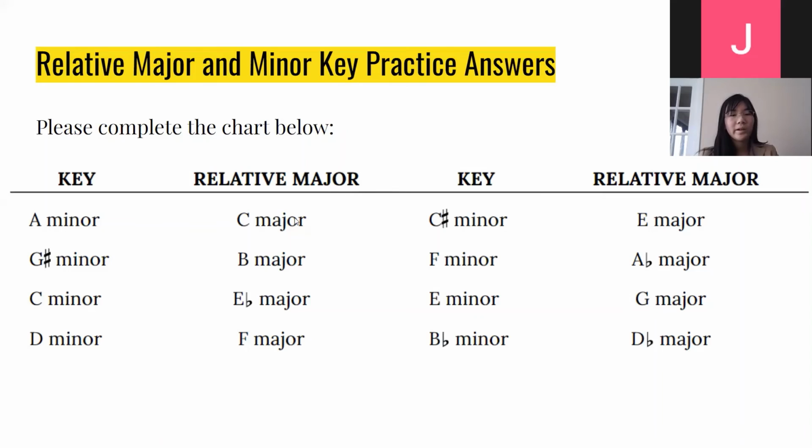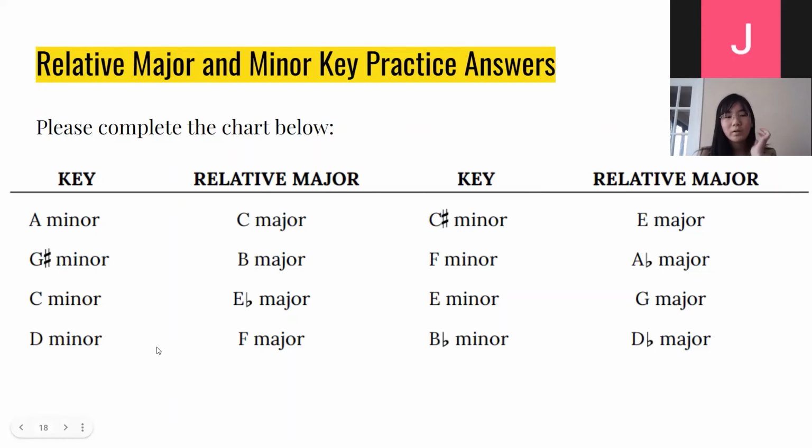The relative major to A minor is C major. If you count up 3 half steps from A minor, it would be B flat, B, C. So it's C major. G sharp minor, using the same idea, would go from G sharp to A, B flat, B, so it'd be B major. The relative major for C minor would be E flat major.